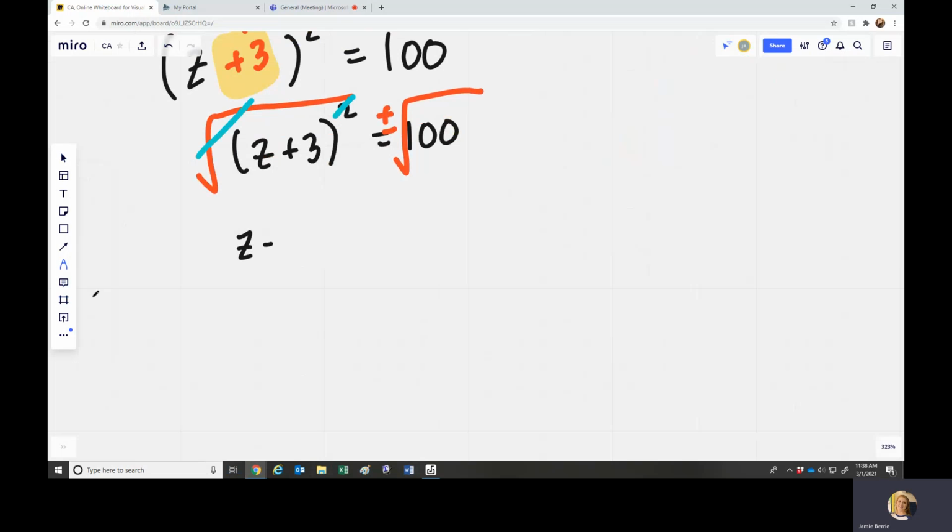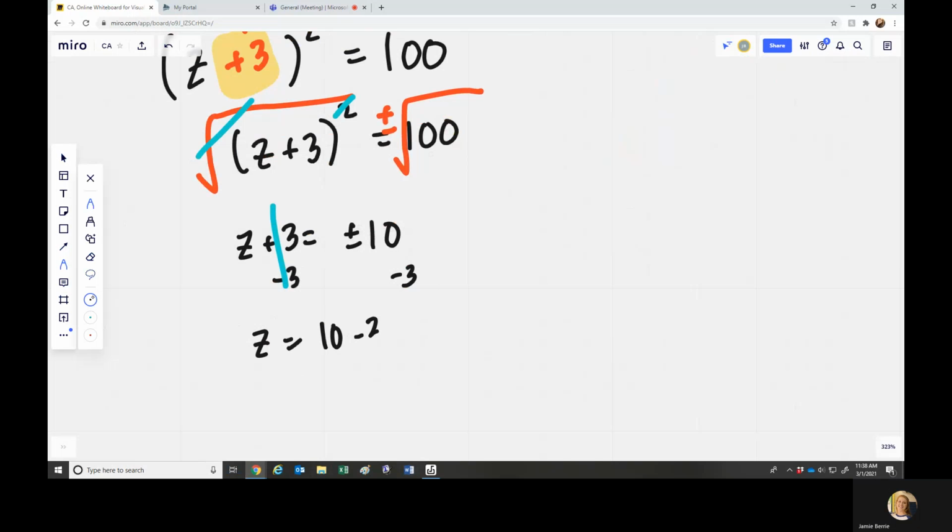You're left with just z plus 3 equals plus or minus the square root of 100, which is 10. Then we're going to subtract 3, subtract 3. It's going to cancel on the left. So we have z equals positive 10 minus 3, and z equals negative 10 minus 3. So that's 7 and negative 13.